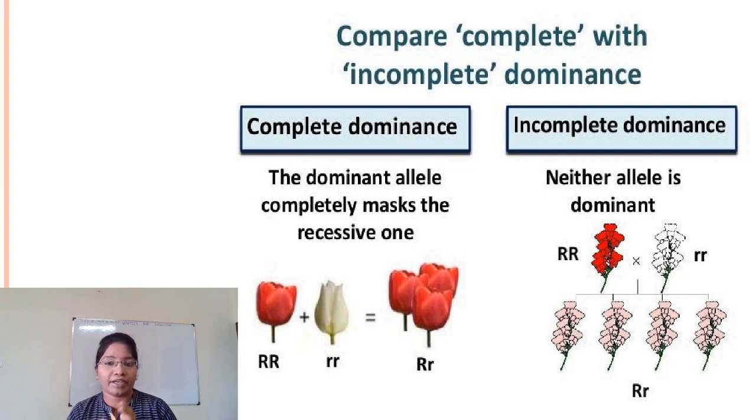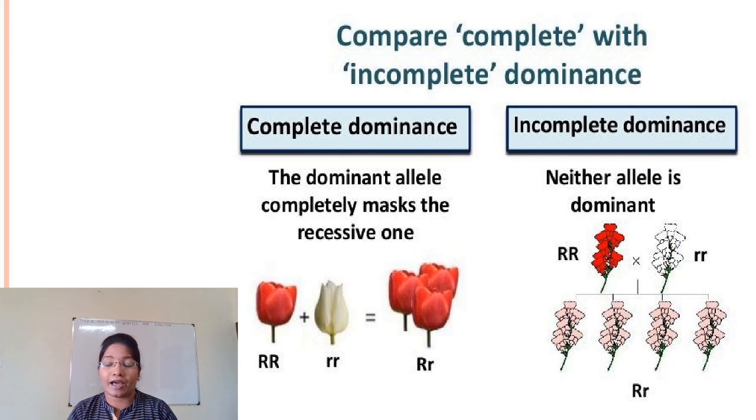When we compare incomplete dominance with complete dominance, in complete dominance the dominant allele completely masks the expression of the recessive gene. That means in complete dominance, when we cross red and white varieties, in the F1 generation we get all red plants, according to Mendelism. But incomplete dominant alleles do not follow Mendelian inheritance; neither allele is dominant.